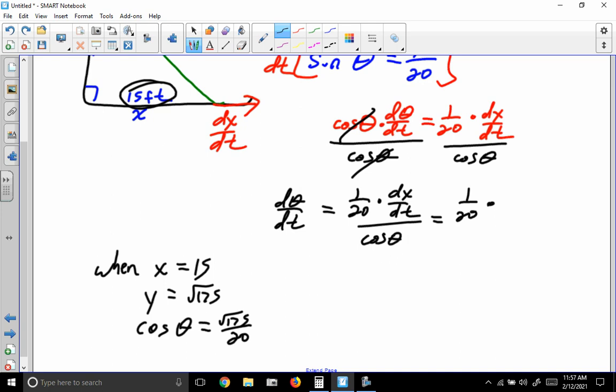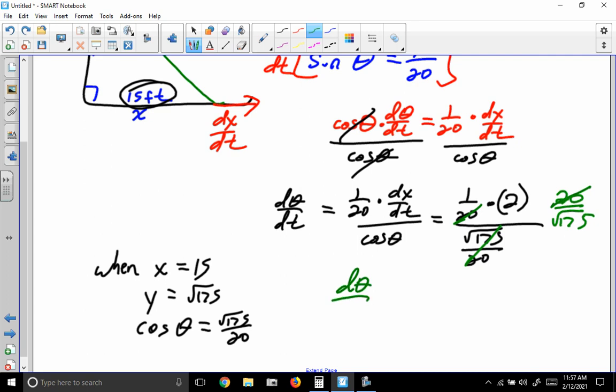dx/dt, we said earlier that's 2. Cosine at this moment is root 175 over 20. Instead of dividing by a fraction, we can multiply by the reciprocal. So the 20s would cancel. So the rate at which the angle is changing is 2 over the square root of 175.